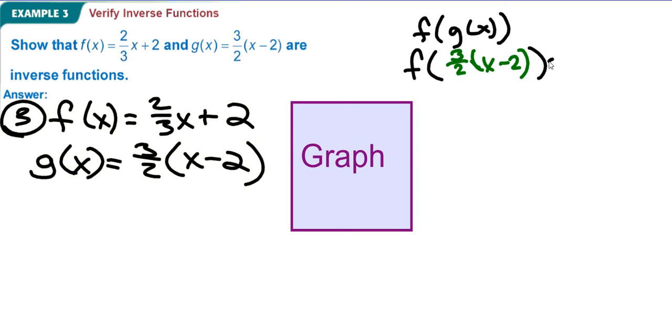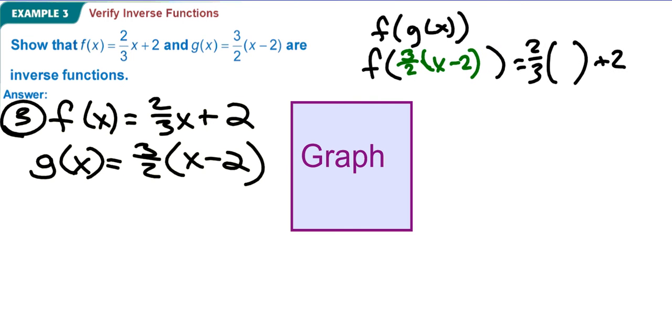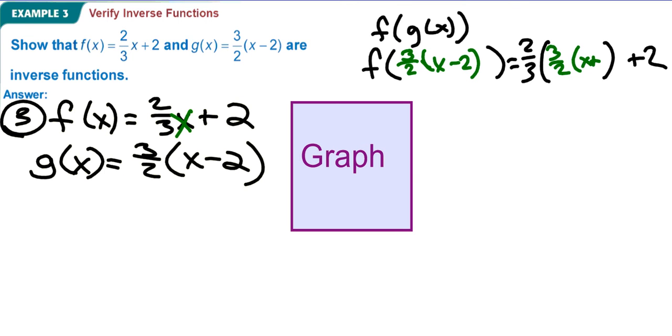And then to find f of that, f means we're going to take 2/3 times x plus 2. And I didn't leave myself a great amount of room, so I'm going to slide that over and rewrite this part. So this plus 2. And in place of this x right here, I'm going to put my 3 halves parentheses x minus 2.